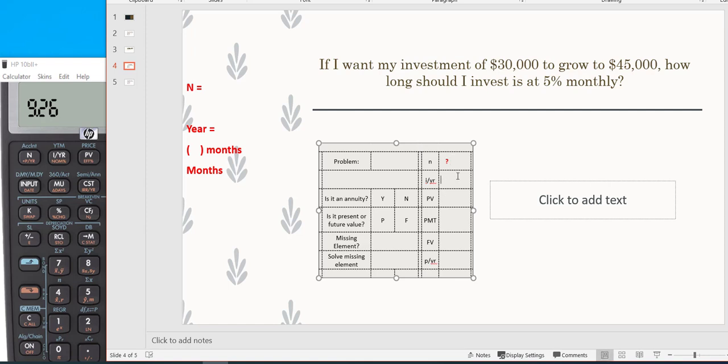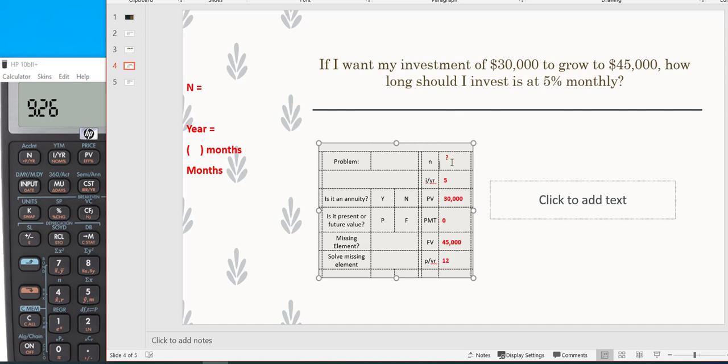Our interest rate is given to us, and that was 5%. Our present value was 30,000. Our payment is 0. Our future value, we want that to grow to 45,000. And our payments per year is 12.